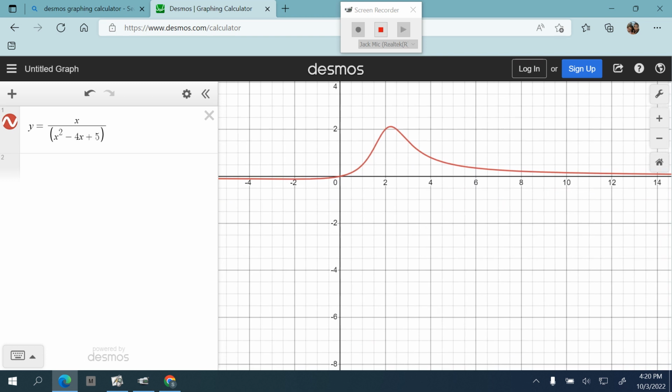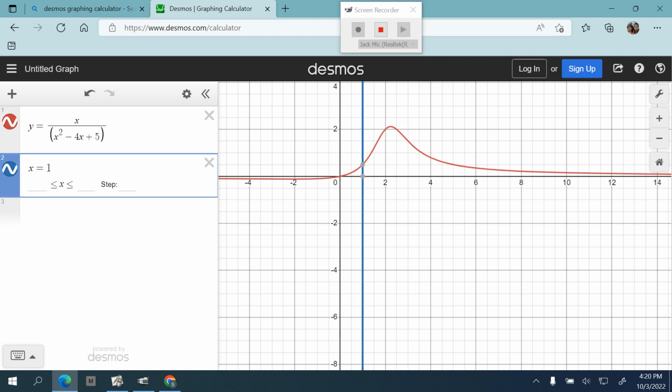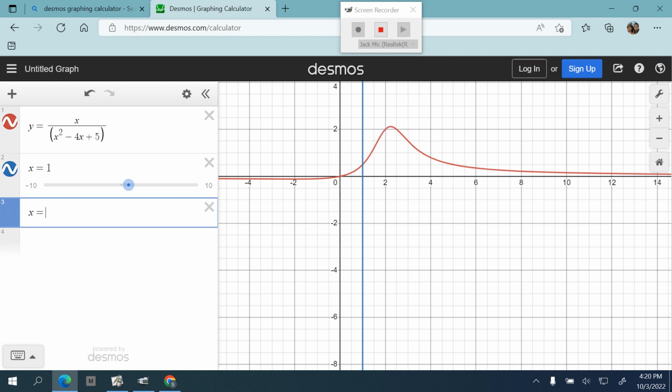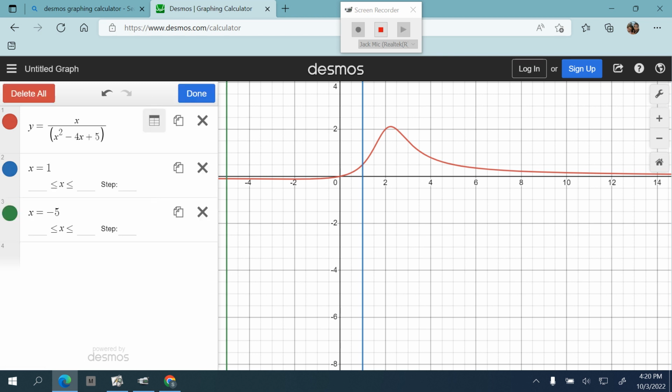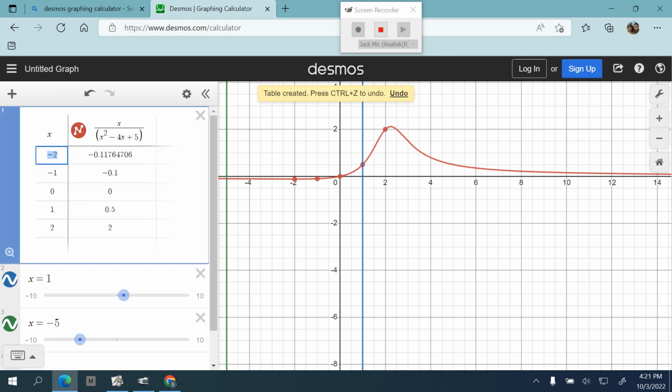This looked nothing like what I expected. I want to go ahead and throw those asymptotes in there. x equals 1. And I'm going to go check my calculations. At 1 we have a 5. And that shouldn't be right.